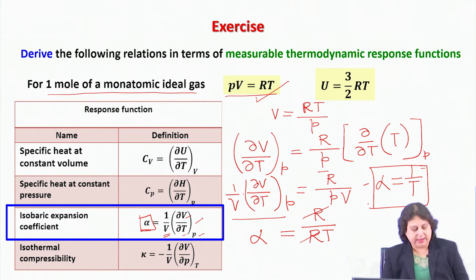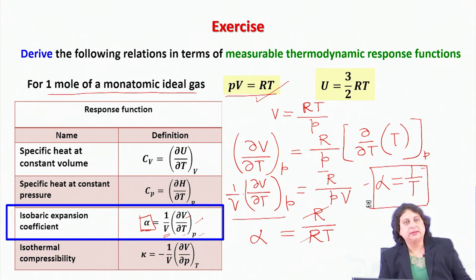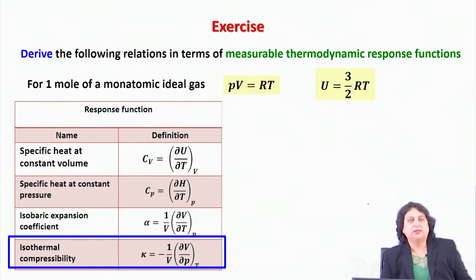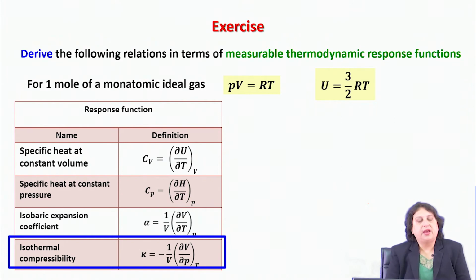Now let us go ahead and look at another quantity that we have come across already, and this is the isothermal compressibility of this ideal gas. So by definition, what is it that I have to do?